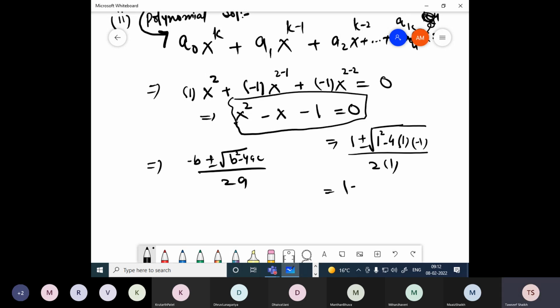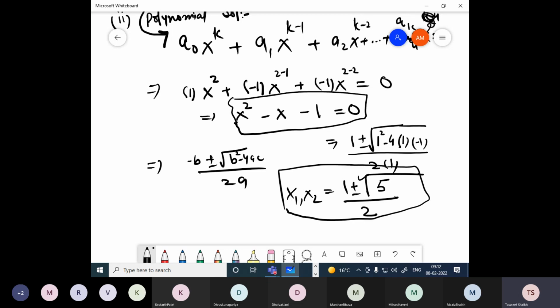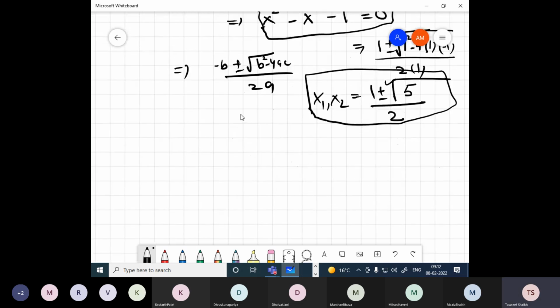So this will be 1 plus minus under root of 1 square plus 4 divided by 2. So my x1 and x2, the two roots, the two values of x which I get. One time it will be plus and the other time it will be minus. Let me keep it here as such. Now I will go to step number three.